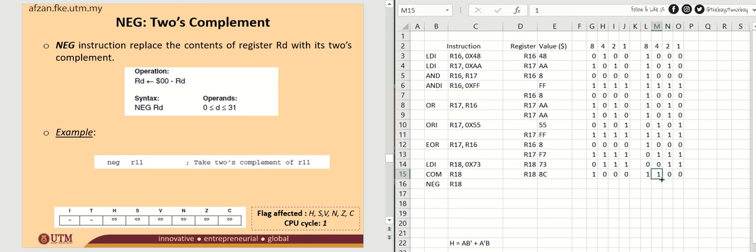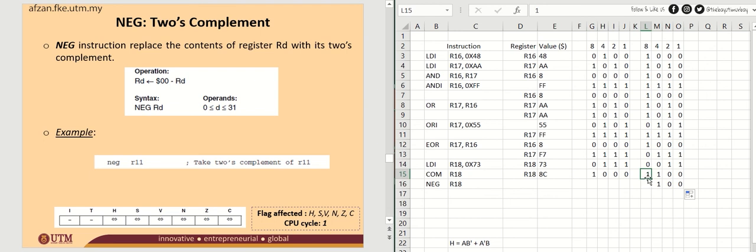What you're going to do is copy this number here, and everything before this number one, you also copy. What about the bits after this number one?